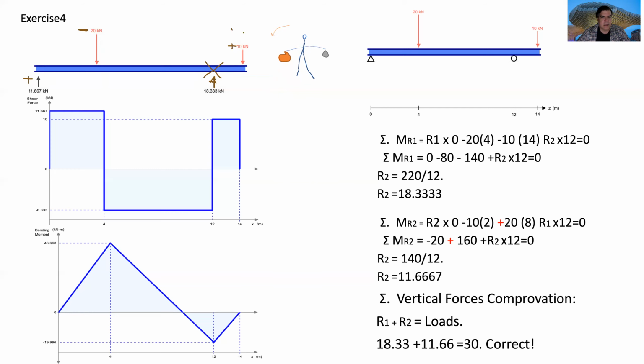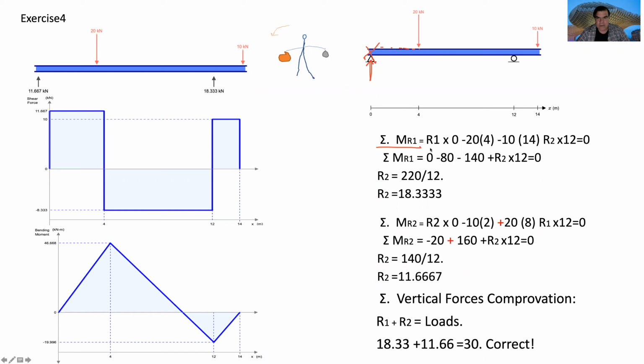And that's it. Let's do it. Summatory of moments in R1. Let me try to clean here again. I will put my X here and I say summatory of moments in R1, that is here, is equal to, I start moving and I find 20.